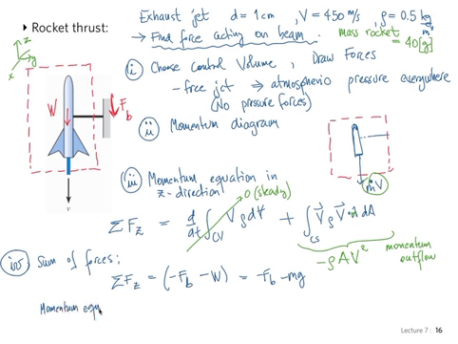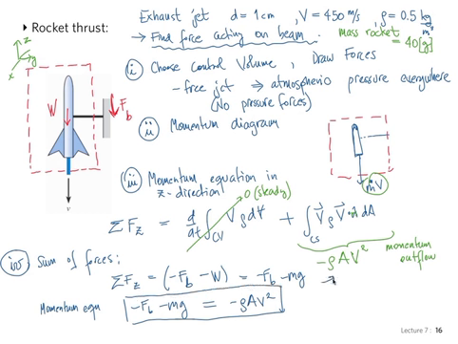minus FB minus mg, the sum of forces, is equal to the momentum outflow, rho A v squared. So basically we combine these two things. So now we can obtain the FB, but I've run out of space.